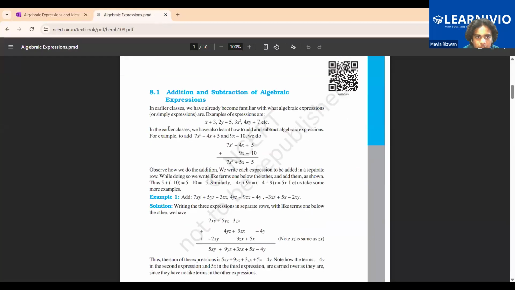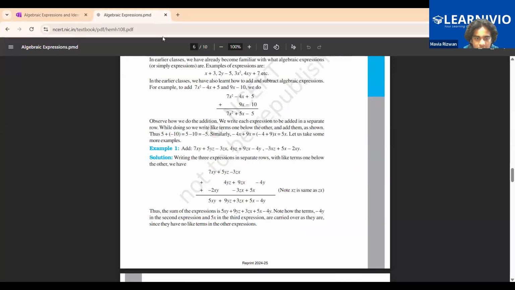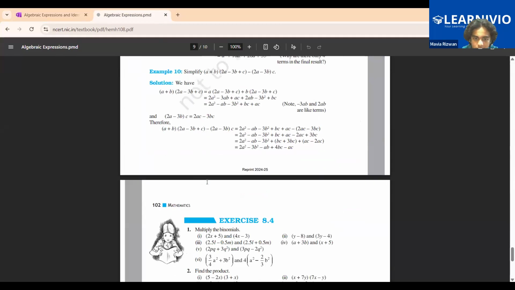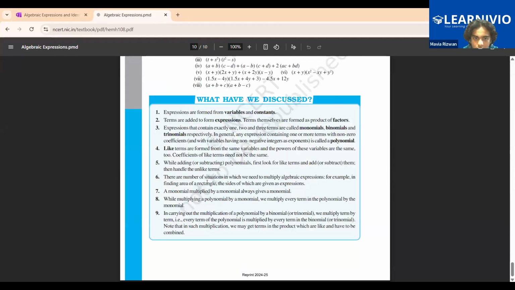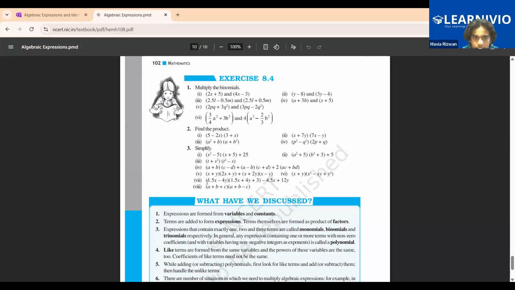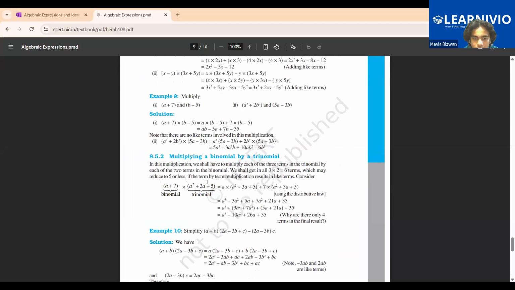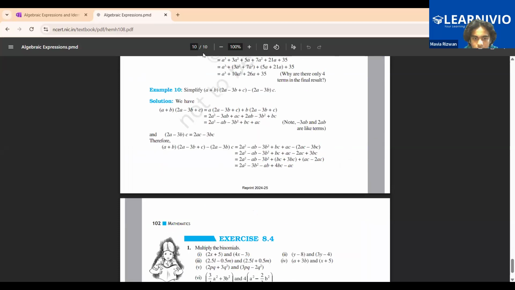So tell me one thing. Is the identities part there in this chapter or not? Because I think it has been cut. I need to check. Yeah, they cut the identities part in the new book.